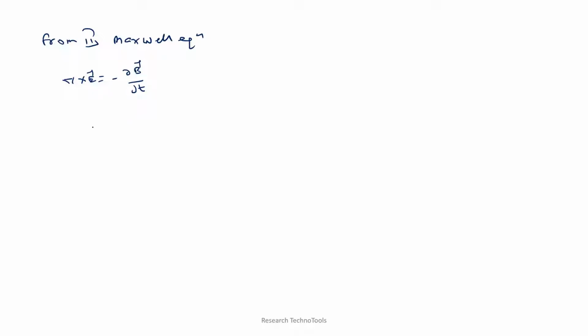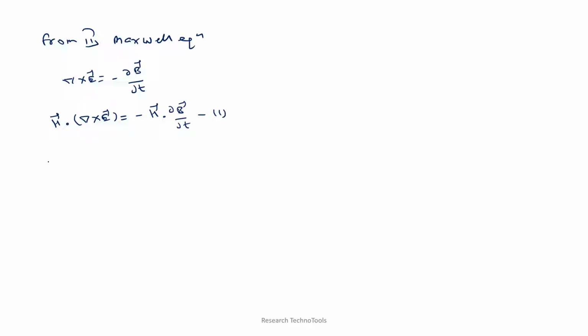If we take the dot product of this equation with the magnetizing field H vector, then you will get H vector dot del cross E equals minus H vector dot del B vector by del t. Suppose this is our equation number 1.